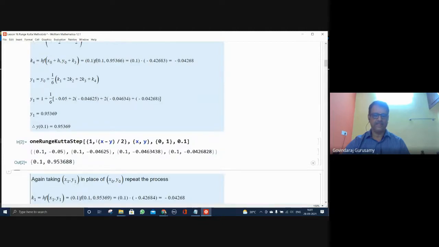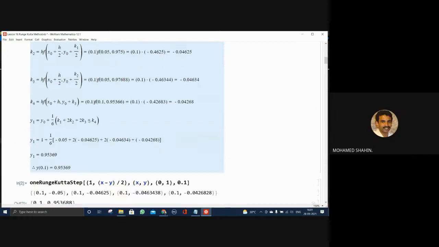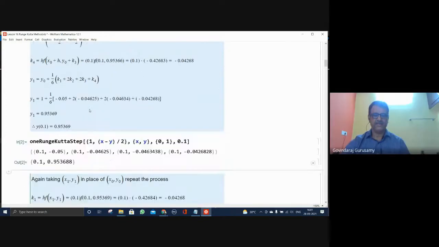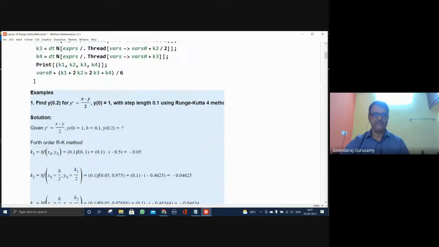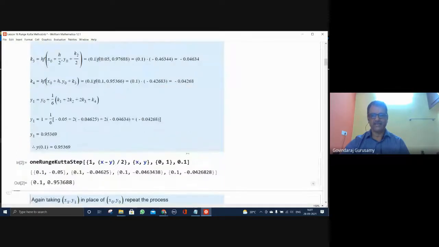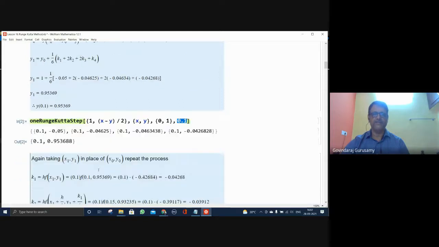Okay, are you convinced now? Sure that we are getting it. Yes, sir. But how it has been implemented: one step is there, in which I'm just adding for 0.1 of x, I wanted to find out, and all this has been given. The equation also has been given, the solver is given.